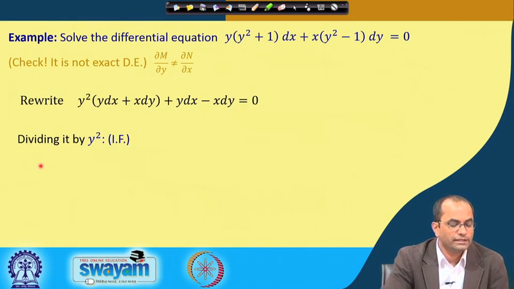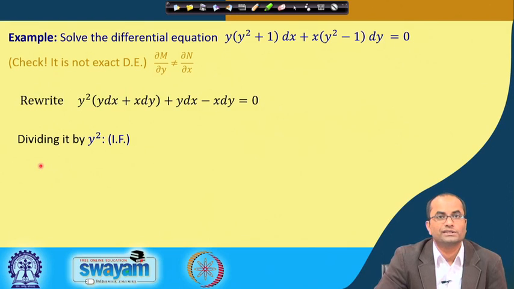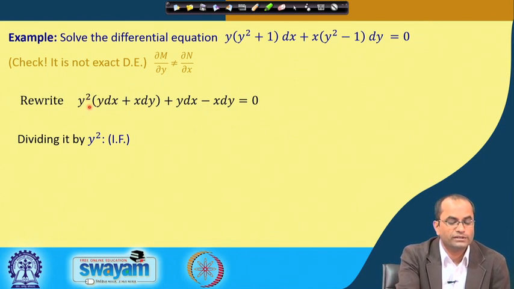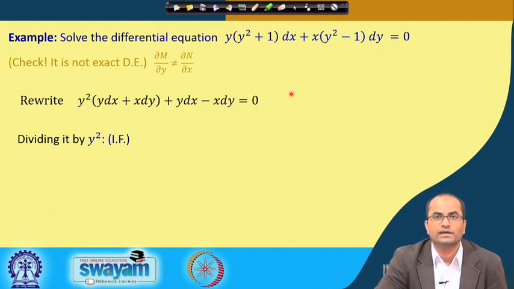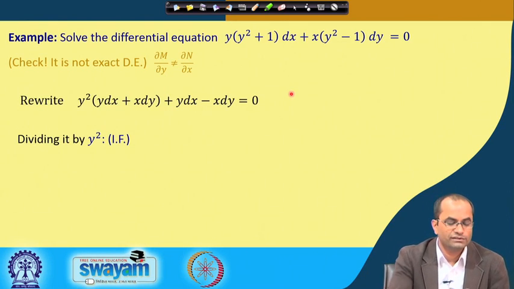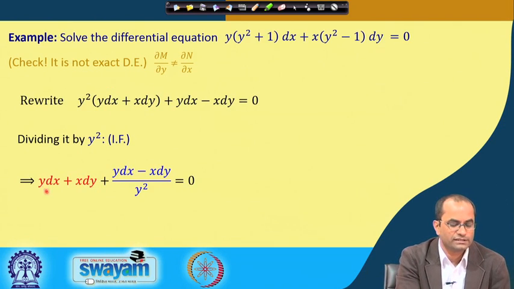And now we divide this equation by y squared, because in all those standard expressions we have seen, there was something in the division. This is a very standard form: y dx plus x dy, and y dx minus x dy divided by y squared.